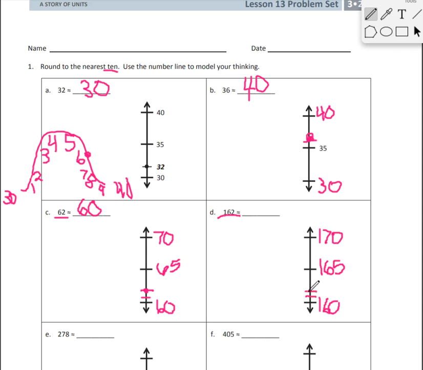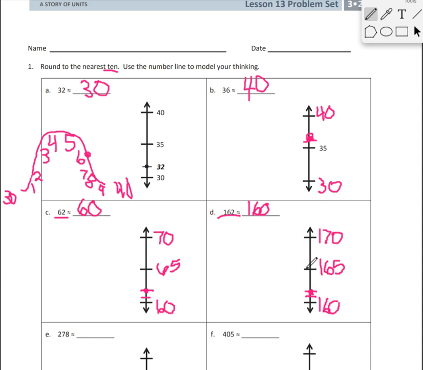161, 162. 162 is closer to 160 than it is to 170. When we're looking at rounding, we're looking at close. There's a reason we say, oh, it's about 160, because it is about this much closer to 160 than all of this to get to 170.